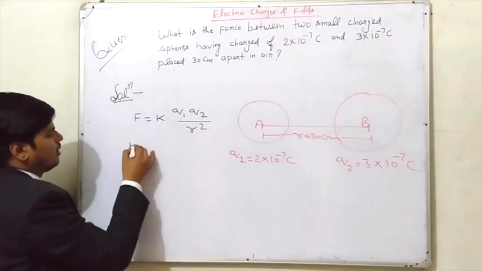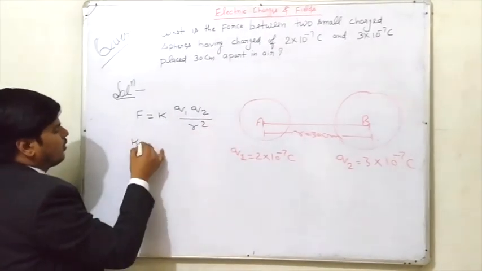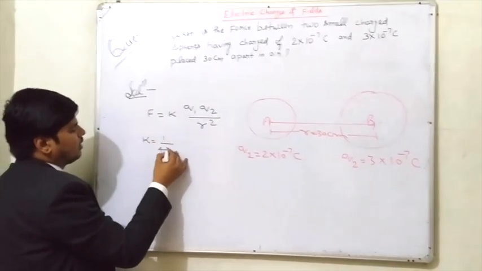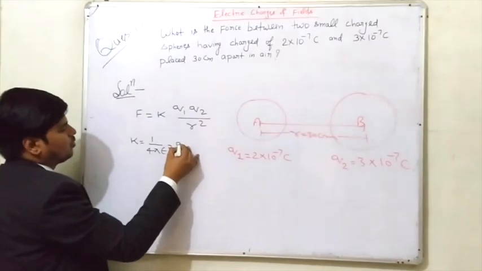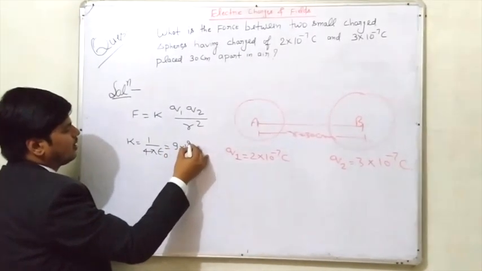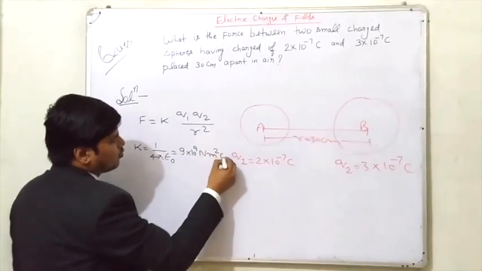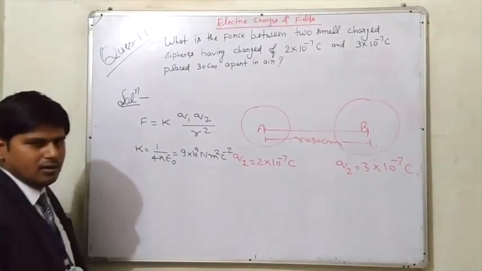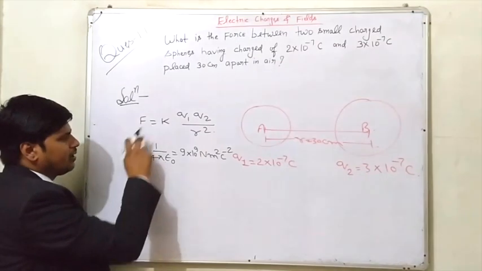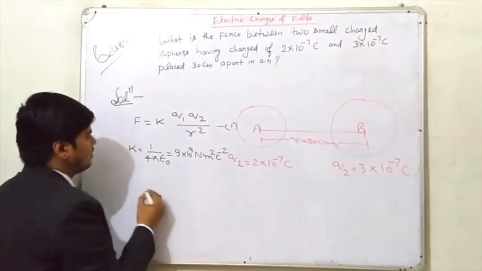What is the value of K? For air, K equal to 1 upon 4 pi epsilon naught equal to 9 into 10 to the power 9, and the unit is Newton meter square per coulomb square. Students, put the value of K in the equation first.